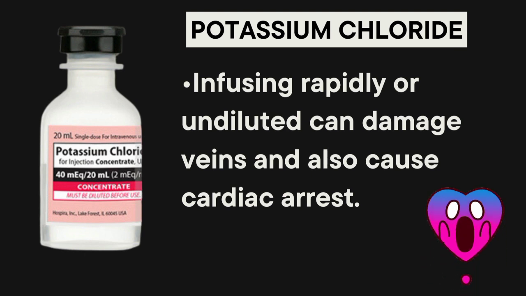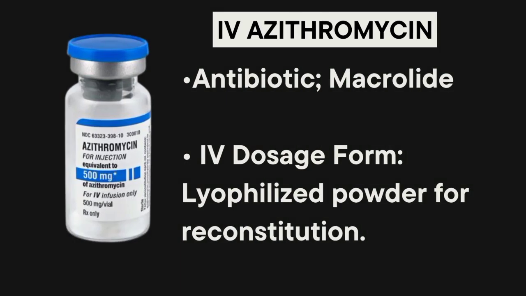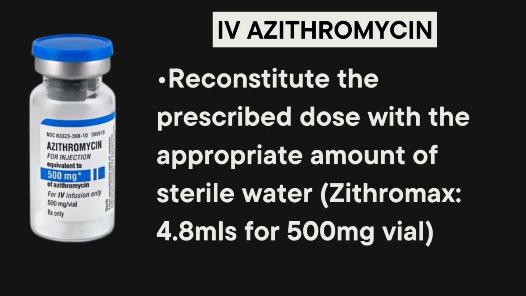The next medication is IV azithromycin. It's an antibiotic, a macrolide. The IV dosage form comes in lyophilized powder for reconstitution. To administer, you reconstitute your prescribed dose with the appropriate amount of sterile water. For a brand like Zithromax, use 4.8 ml to reconstitute the 500 milligram vial.